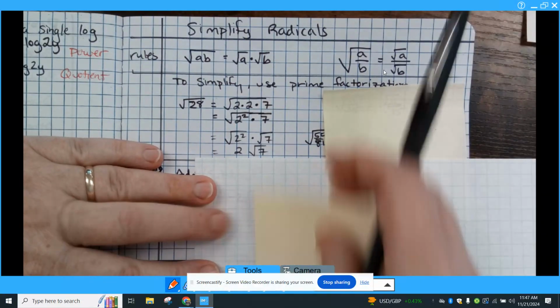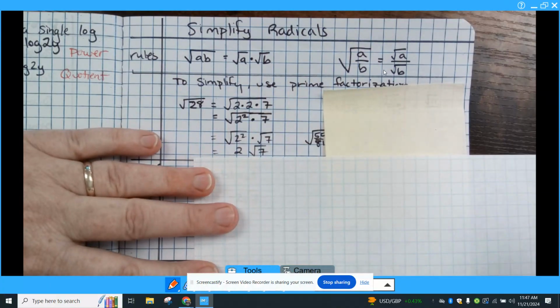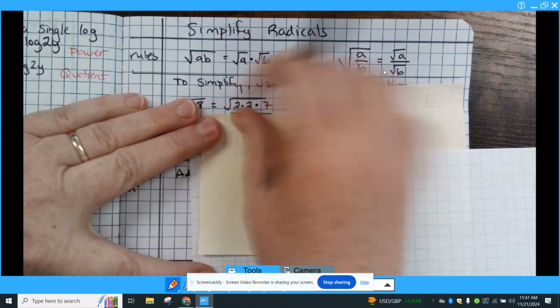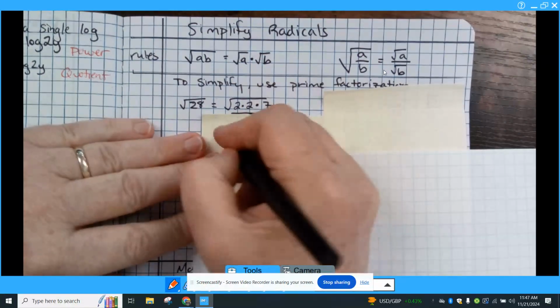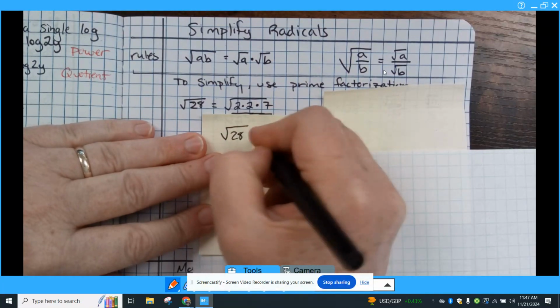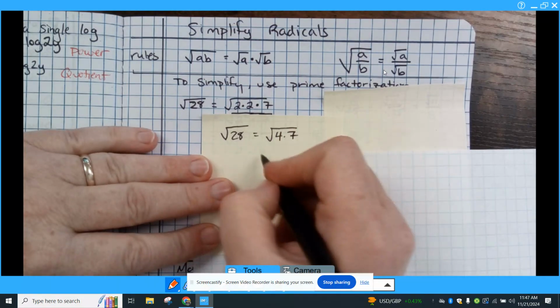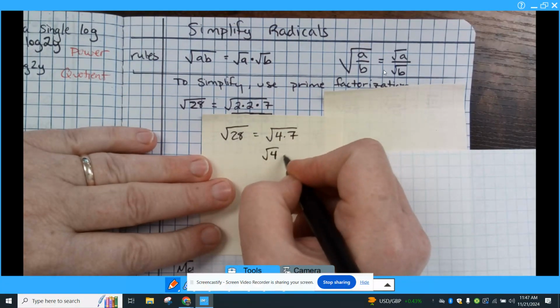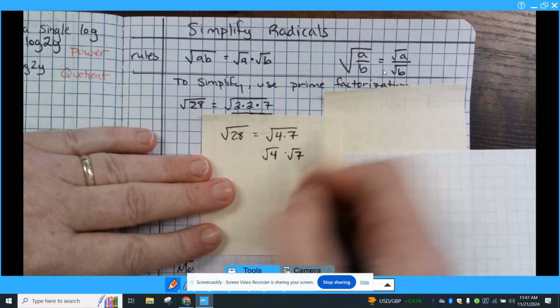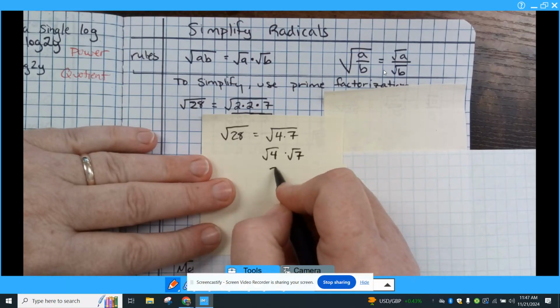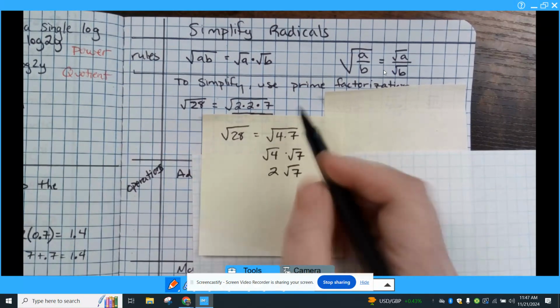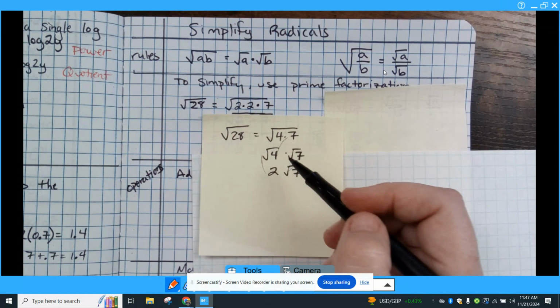Okay. The other way you could look at it is, and if you want to add this in, you can. I could actually do square root 28 as square root 4 times 7. And then we can separate that, square root of 4 times the square root of 7. And that would give me, square root of 4 is 2, so 2 square root 7. This sometimes is a lot easier when the numbers are smaller.